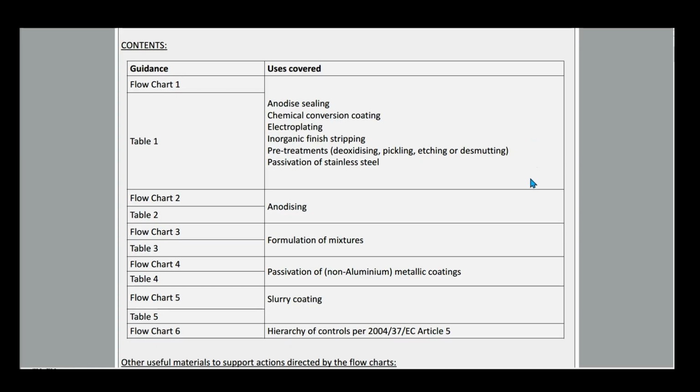The second, as well as the fourth and the fifth flowchart, are for the uses of anodizing, passivation of non-aluminium metallic coatings, and slurry coating, which differ in a few obligations from flowchart 1. Flowchart 3 is for formulators, formulating chromated products. I will in the following present 2 flowcharts exemplarily.